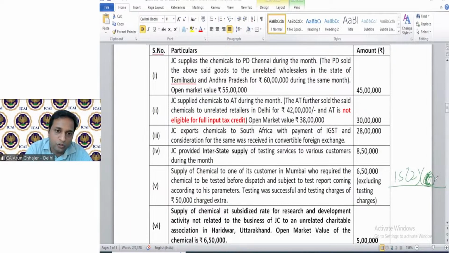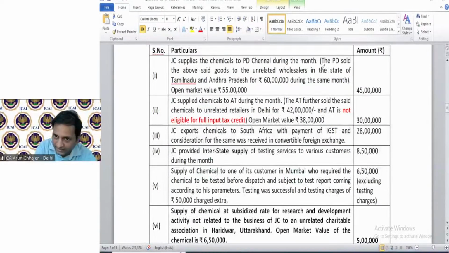Subsection 2, clause C says if any charges being collected from the recipient like packing charges, etc., it will be added in the value. So the total value for this transaction is 7 lakh and it is chemical and given to Mumbai.